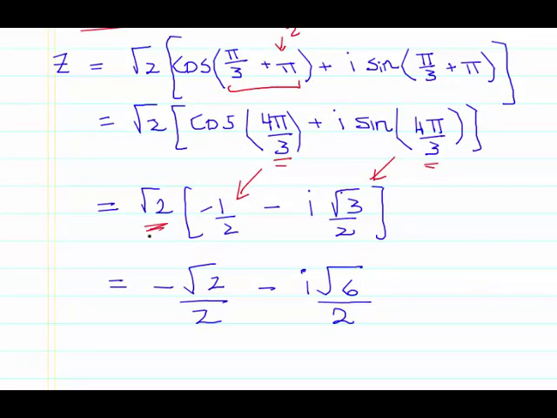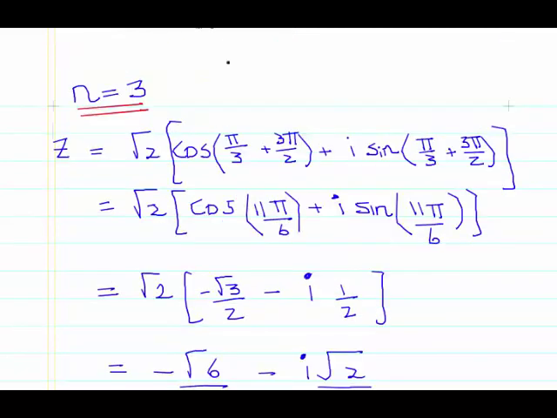Again we have r to the power of 1/4 out there, and we multiply it through and get minus the square root of 2 over 2 minus i times the square root of 6 over 2. So that's the third root.